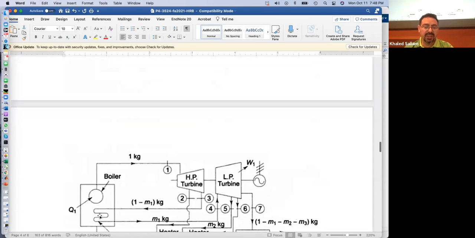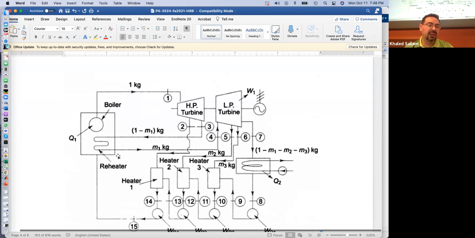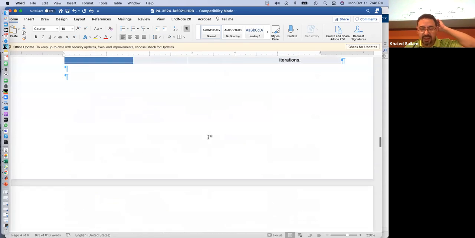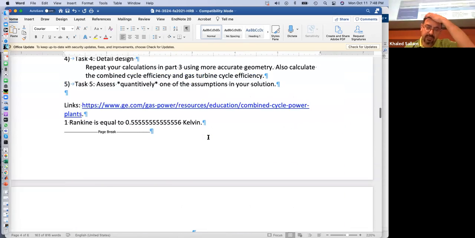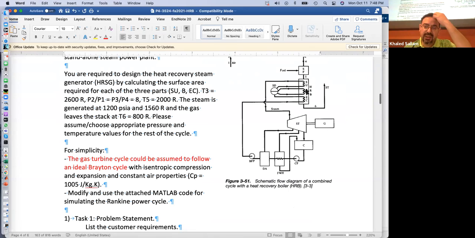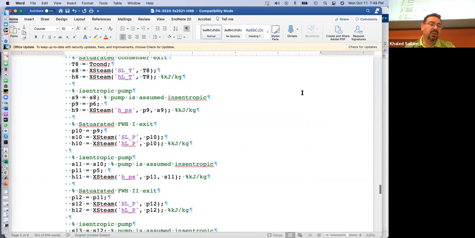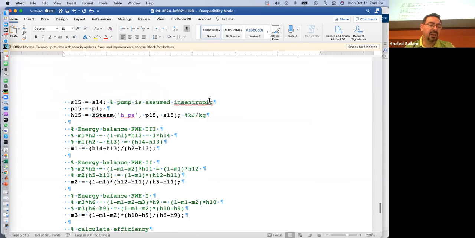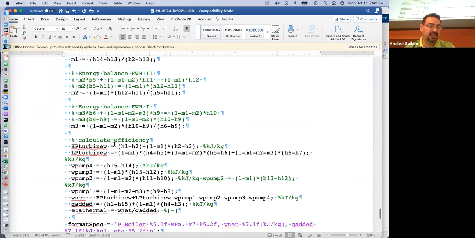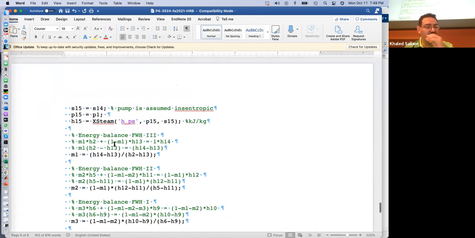But the only problem is that it has a reheater, and we are designing a heat recovery boiler with only a superheater and a boiler. I don't care about this, you can do anything here, but I care that you have only the 3 parts. So if you use that code, you need to find the reheat part and remove it.